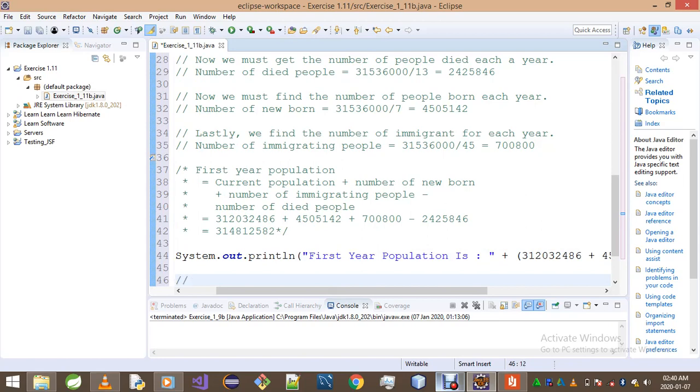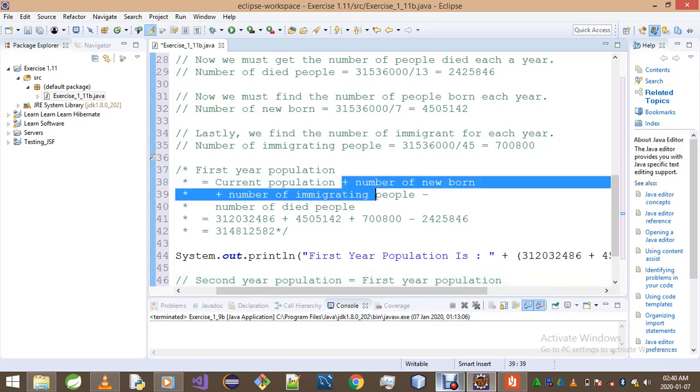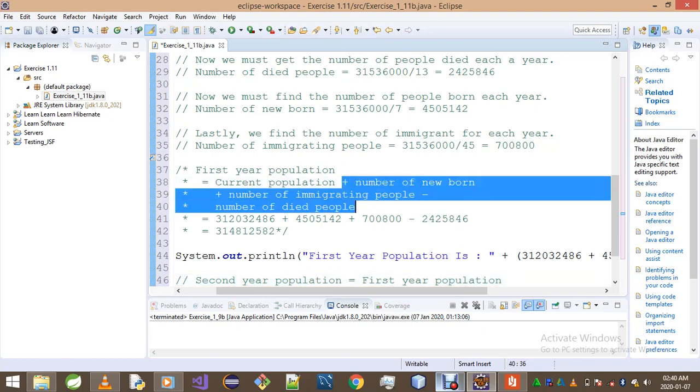Second year population is equals to first year population plus number of newborns.